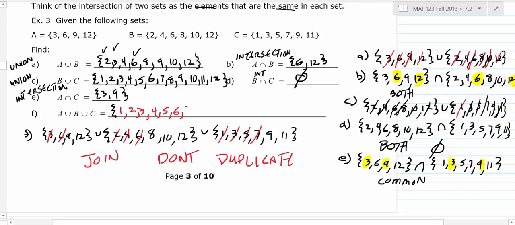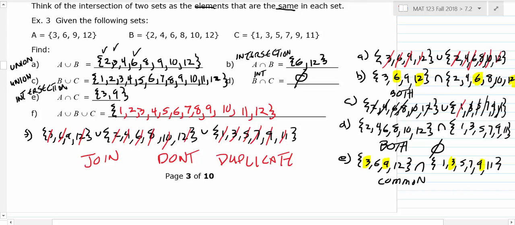7, is that somewhere? It's there. How about 8? Is 8 somewhere? Yeah. Is 9 somewhere? Yep. Is 10 somewhere? Yep. And 11, does that exist? Yep. And finally 12. 12 exists twice, so don't duplicate it. That's it.